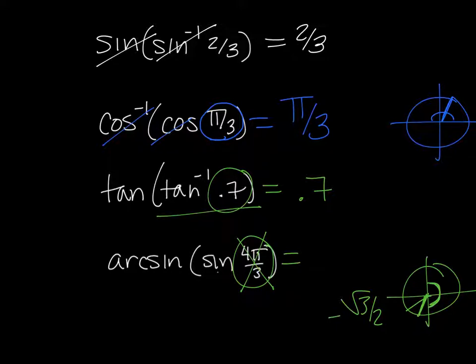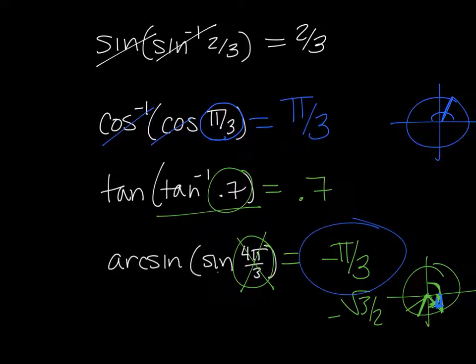So, since it's negative, we have to be in the fourth quadrant. And so this is going to be at negative pi over 3. It is not going to be at 5 pi over 3 because remember we have to use our negative values in there. So it's like we're going from the axis down, so we're getting a negative angle. So you're doing negative pi over 3.